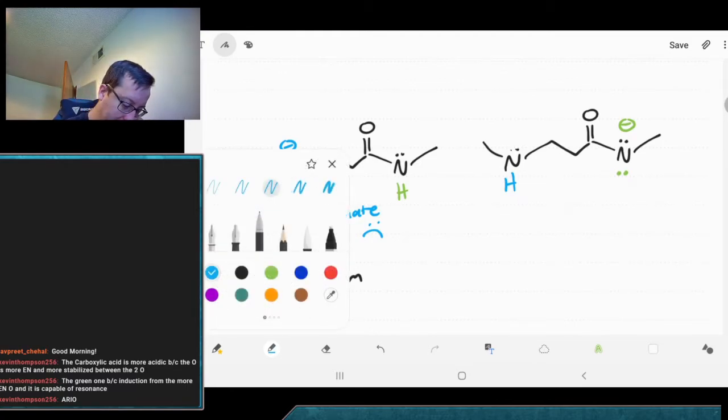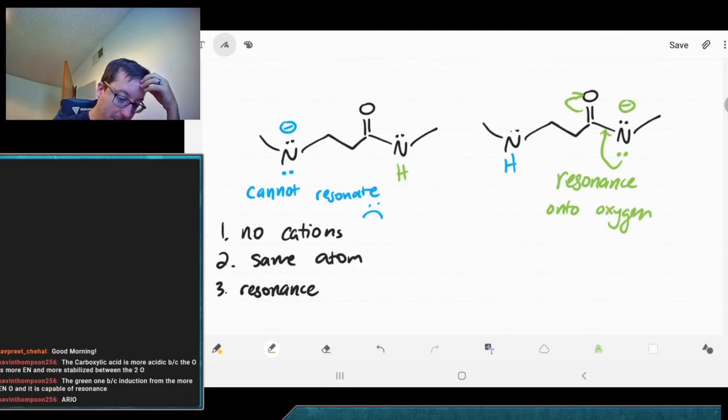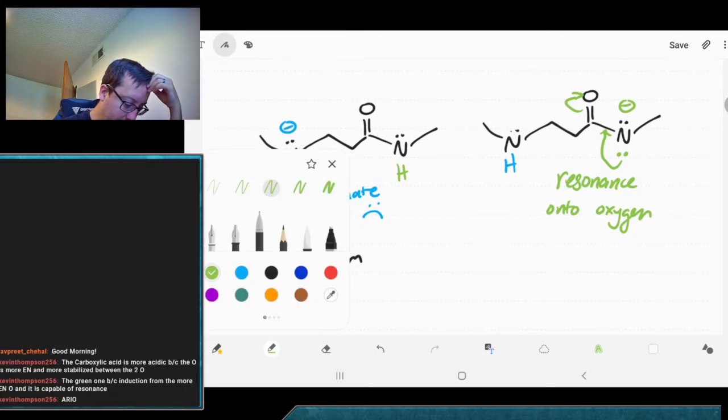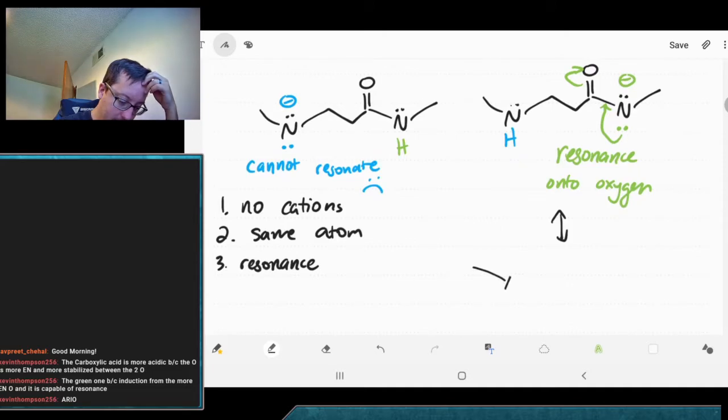But, indeed, we can resonate the green one, because there is a pi system right next to it. So, on the adjacent carbon, there is a double bond, which means we can resonate there. And so, as a result, we have resonance onto an oxygen. And in fact, you probably will end up with the following.